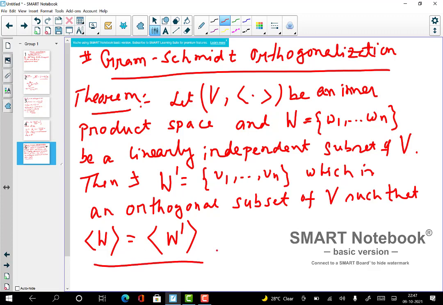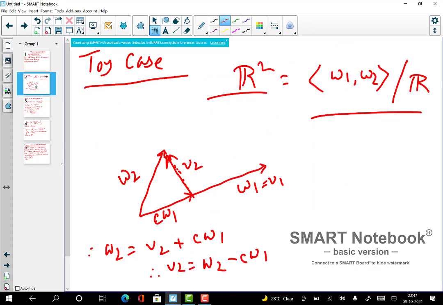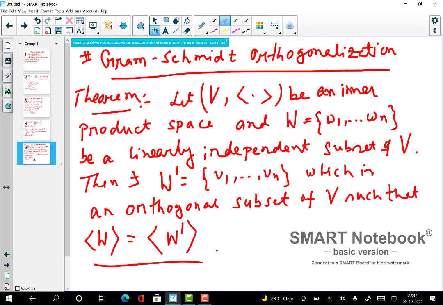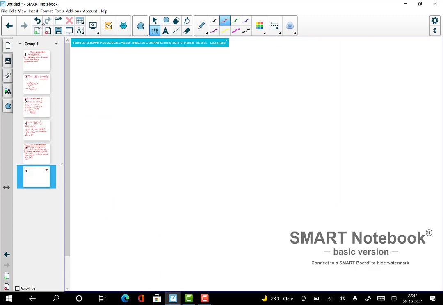Okay, and not only that, you can actually tell what these V1, V2, Vn are. Note that the way we have done it in the baby toy case, a similar method we are going to use. So now the proof. Obviously, the intuition tells you that you should do this kind of proof by induction, right?